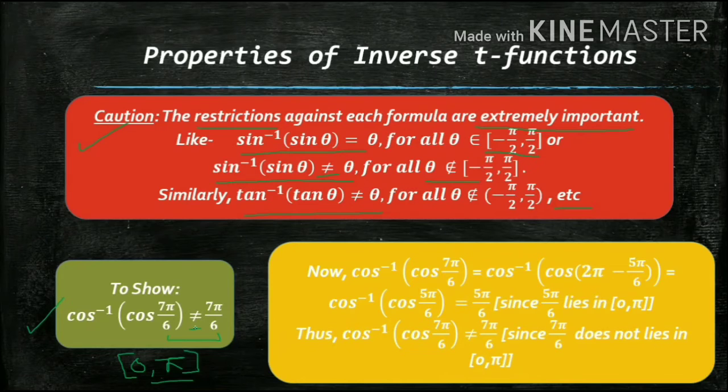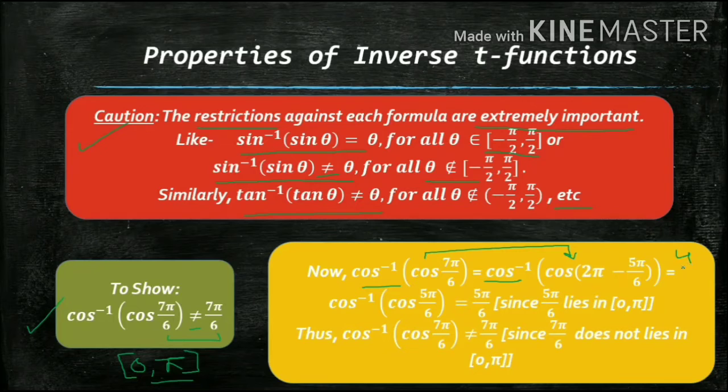But let me show you how. Suppose I just compute cos inverse of cos 7 pi by 6. So leave cos inverse as it is. Now cos 7 pi by 6 can be written as cos of 2 pi minus 5 pi by 6. Right? You can write like that. Now you know that 2 pi minus theta lies in the fourth quadrant.